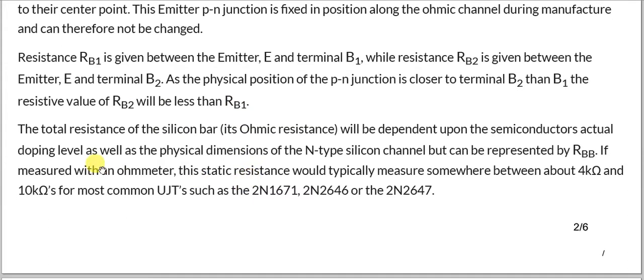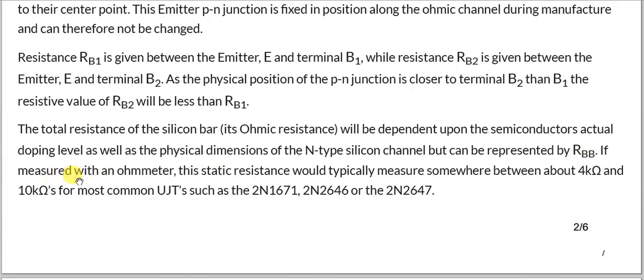The total resistance of the silicon bar, its ohmic resistance, depends upon the semiconductor doping level as well as the physical dimensions of the N-type silicon channel, and is represented by RBB, which is the sum of RB1 plus RB2.